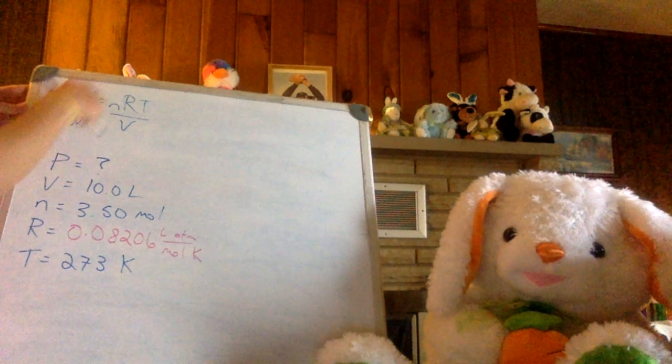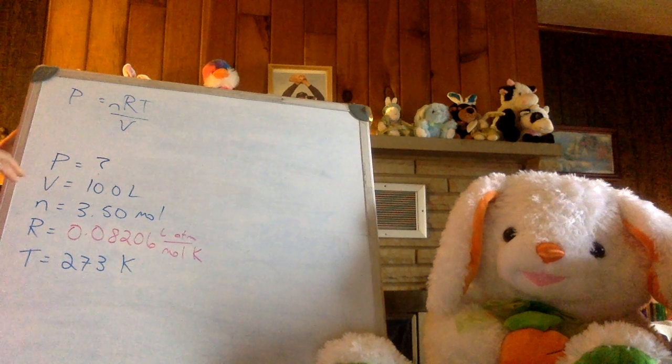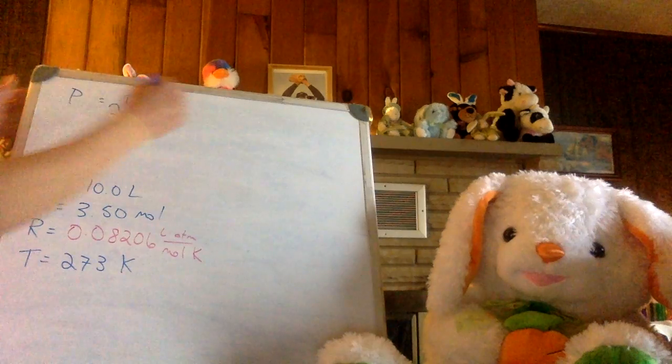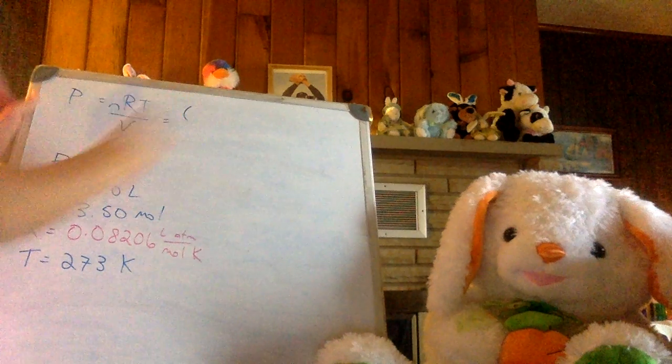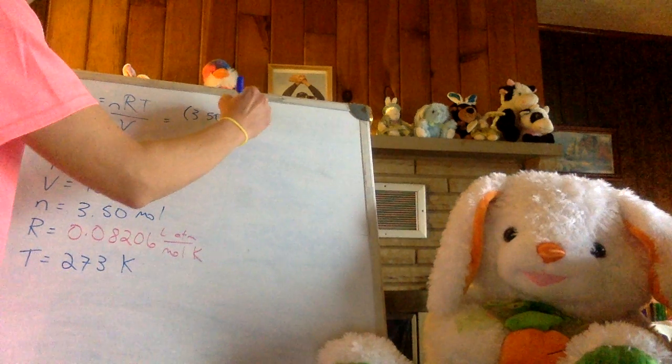Makes sense. We can even just clean that up. Or you can leave it as PV equals nRT. Put in your values and work from there. It doesn't matter. So I'm going to get N, 3.50 moles. That says moles.